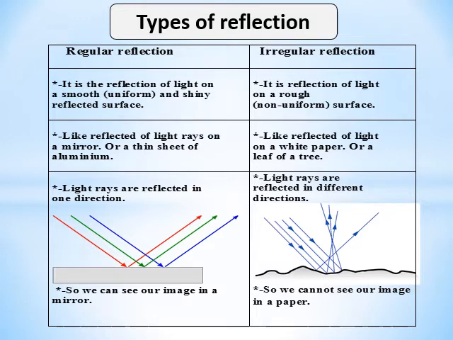But in irregular reflection, we can't see our image, as the light rays fall on a rough surface and are reflected in different directions.